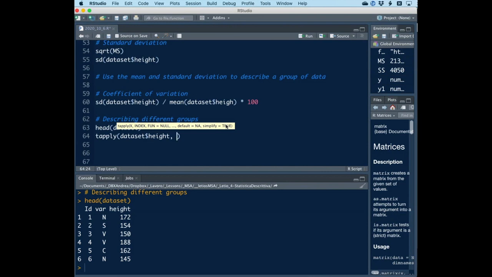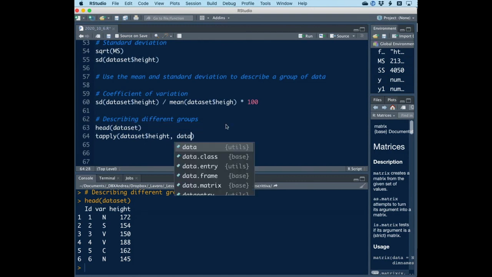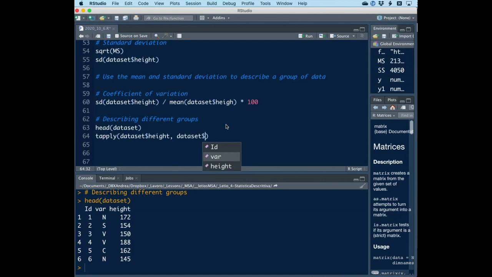This variable must say which group each observation belongs to. And in this case, it's the data set and var. Then, third argument, we need to say which statistic we want to calculate. And in our case, we want to calculate the mean.